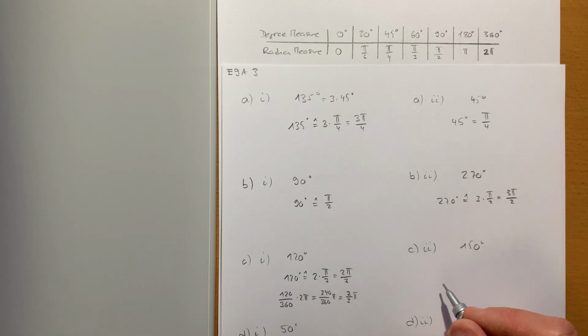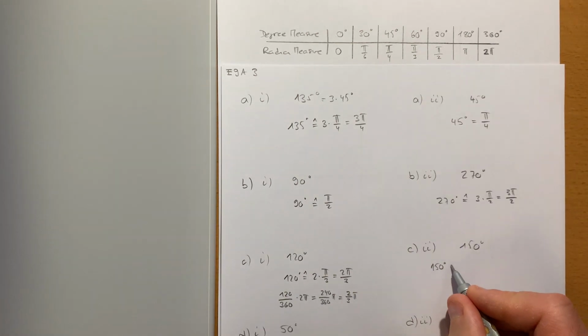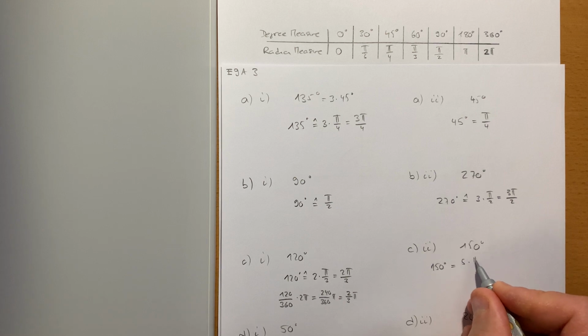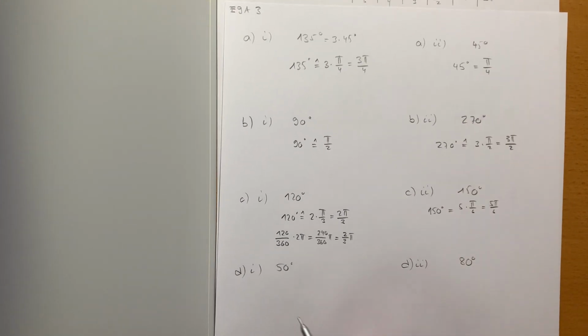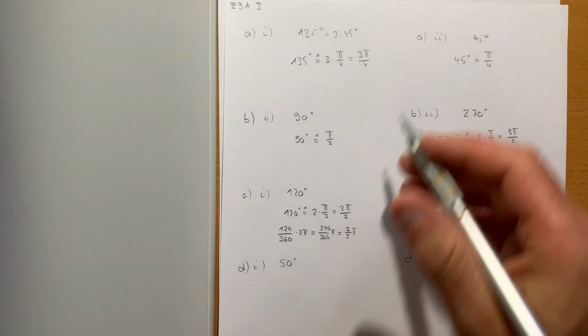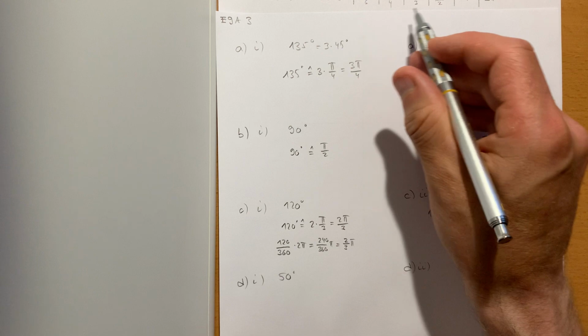150, we just talked about that before. It's 5 times 30 degrees. So it's 5 times pi over 6. So 5 pi sixths. 50 degrees, well, you can't find it on here.